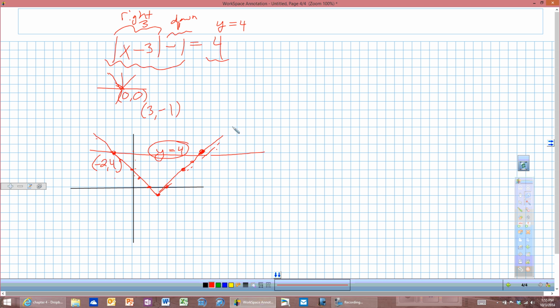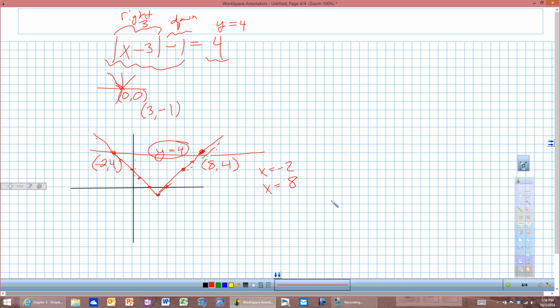Everything that's crossing, notice that that's right at 4. And this one right here is over 2, 4, 5, 6, 7, 8 at 8, 4. Okay, so those would be what our solutions would be. And this one would be x equals negative 2 and x equals 8 for this graph.